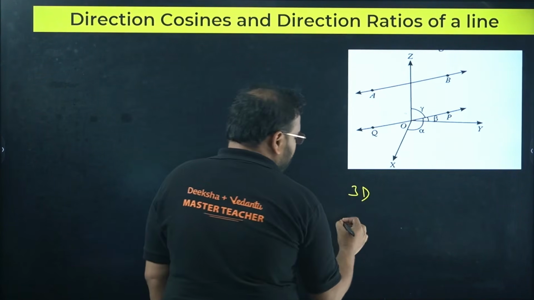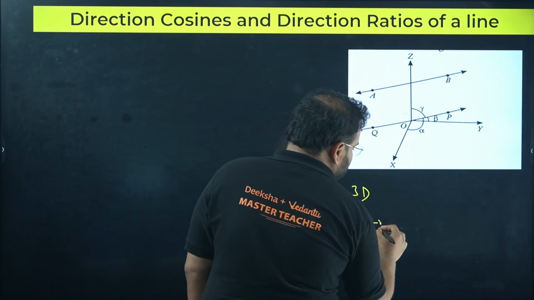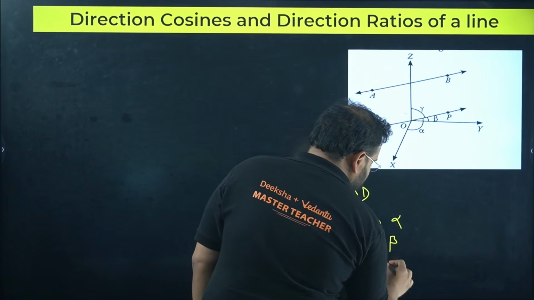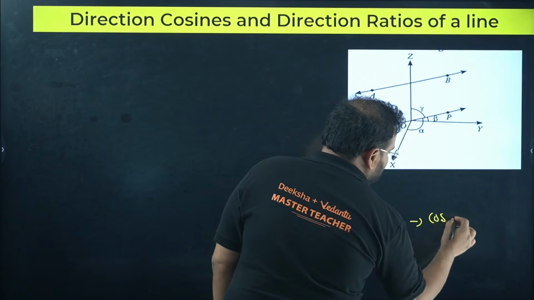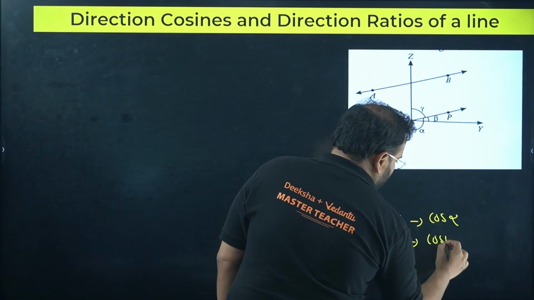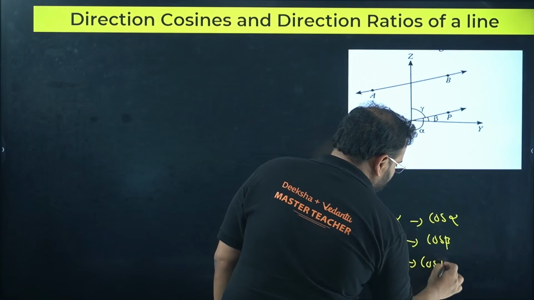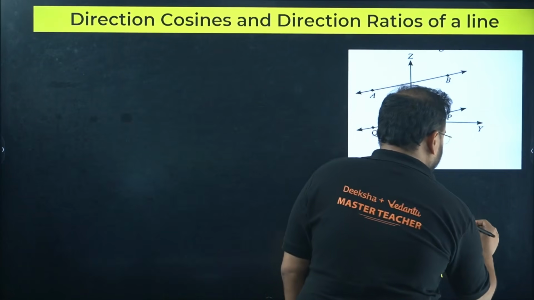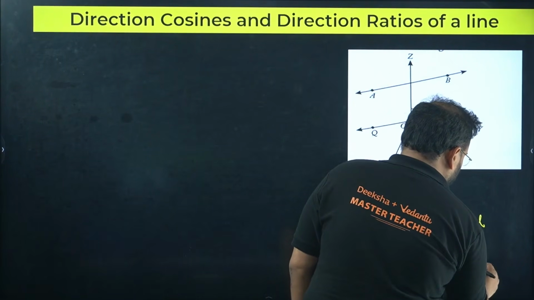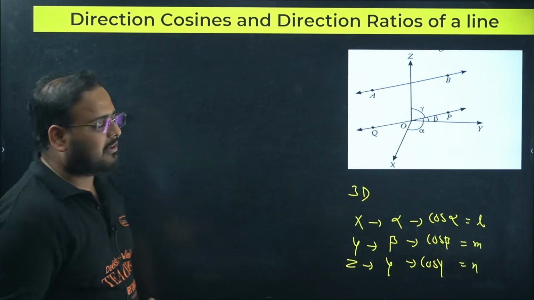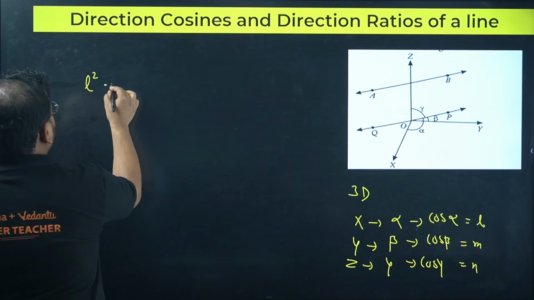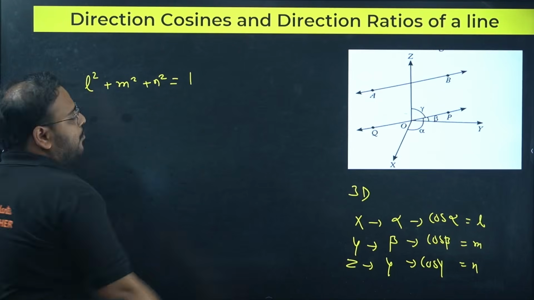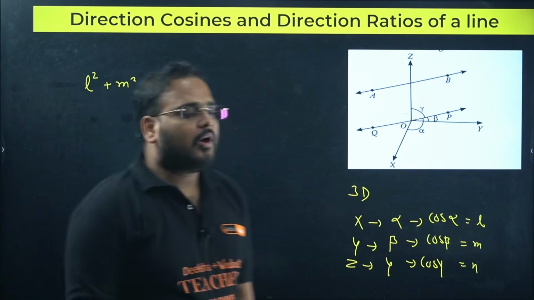If the angle made with the x axis is alpha, with the y axis is beta, and with the z axis is gamma, then cos alpha, cos beta and cos gamma are called your direction cosines. This is given by the values L, M and N. You already know that very well, and we have a relation also for this: the sum of the squares of these DCs is always 1.